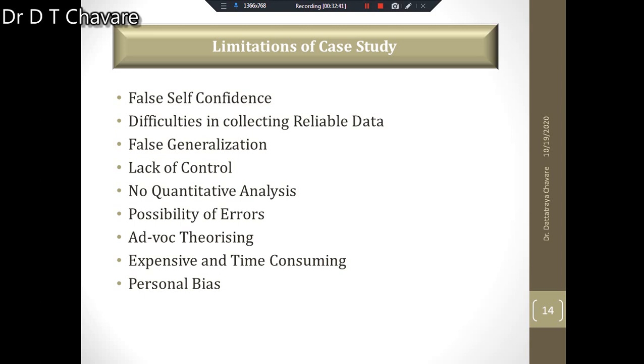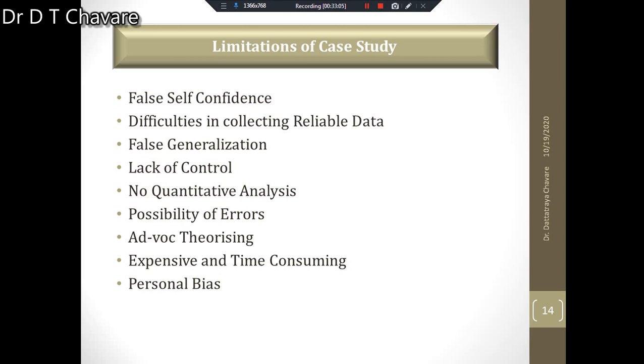Then another limitation I have mentioned here is no quantitative analysis. The case study method is qualitative in nature. It deals with only the psychological aspect of human beings. Hence, quantitative analysis is not possible. Then another limitation is the possibility of errors.